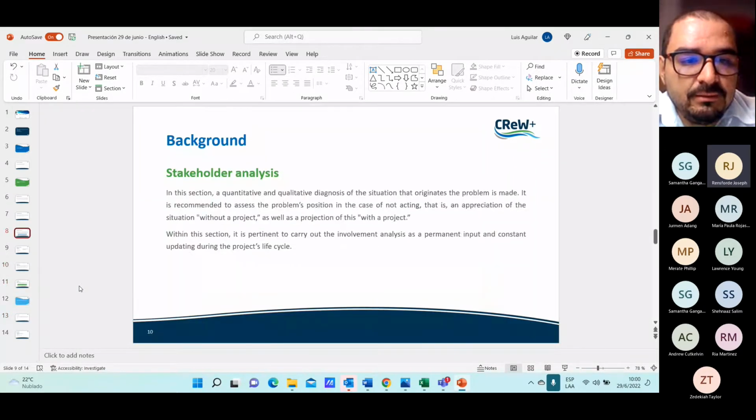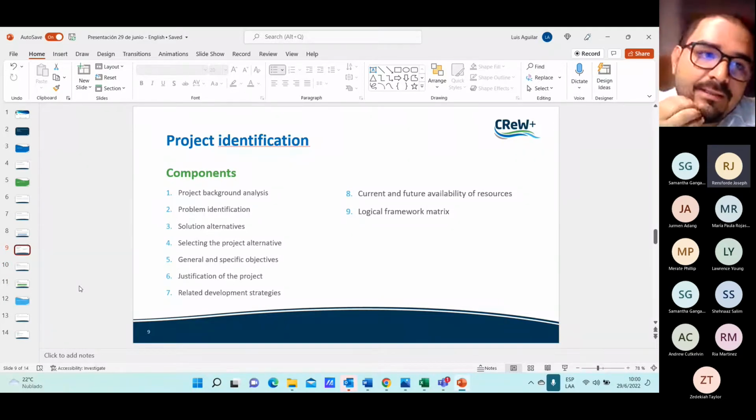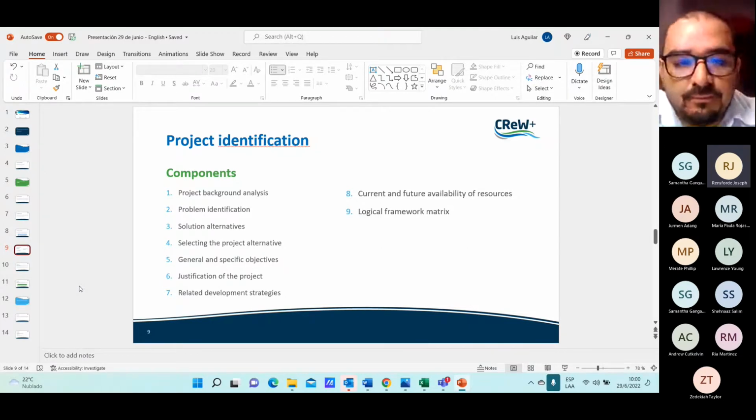I propose that you can do it individually if you want, but we prefer that you make groups for each country. The essential thing is to make these project identification components for a specific experience or project that you're working on in your organization.